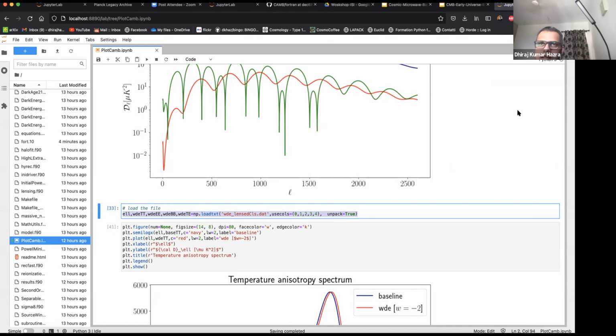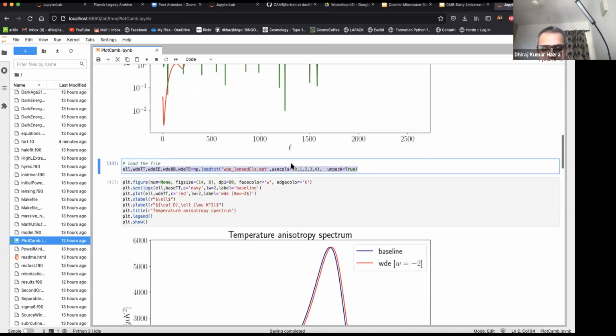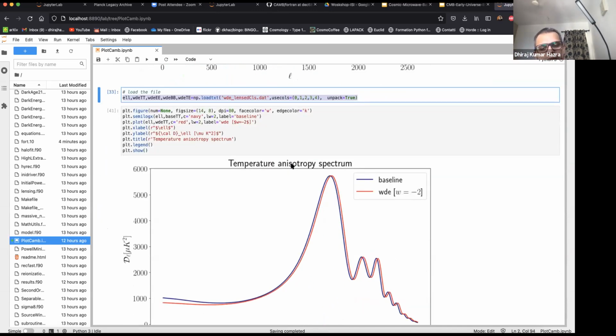If it does not include the W, then you have to include that. Therefore, if the distance to the last scattering surface changes, then the scales at which the acoustic oscillation peaks occur will also change. There will be a lateral shift at the acoustic scales and scales smaller than that.